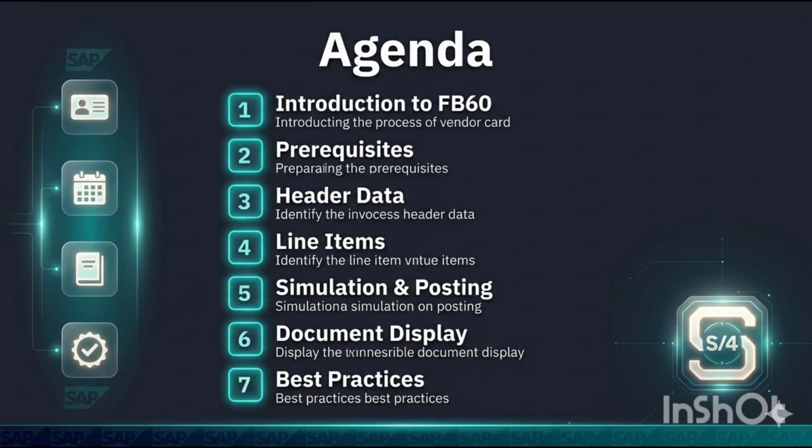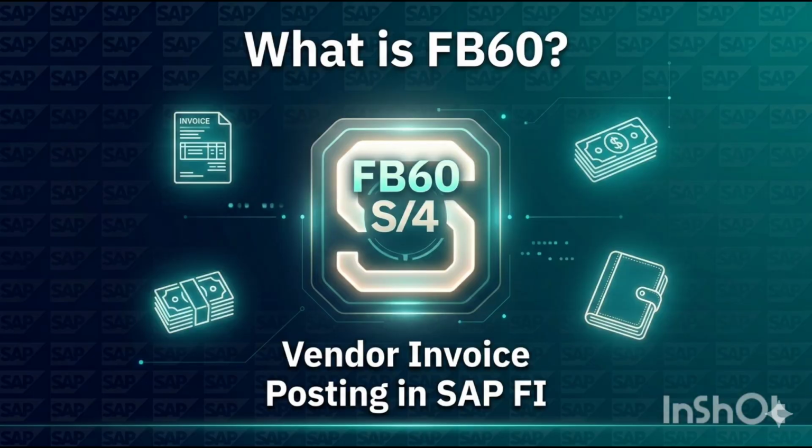FB60 stands for vendor invoice posting in SAP financial accounting. It is used to record incoming invoices from vendors that are not linked to a purchase order.